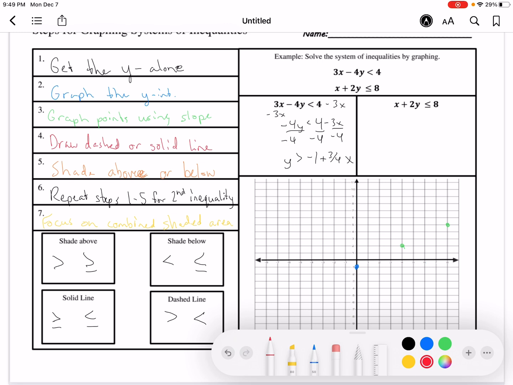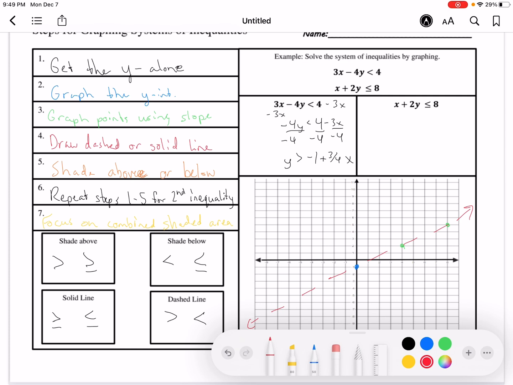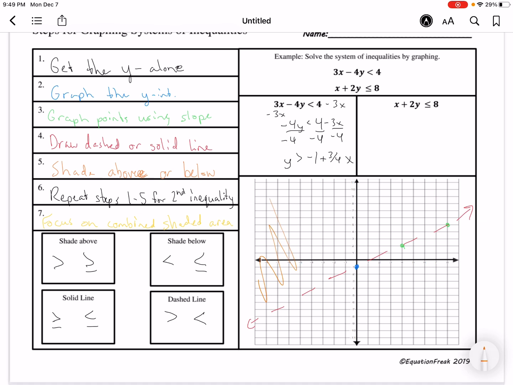Well, because my symbol is less than, I'm going to be drawing a dashed line that goes through my points, putting an arrow on the end, and then because my symbol is greater than, I'm going to shade above. So in this case, I'm going to use a color like orange, and I'm going to shade above my graph.